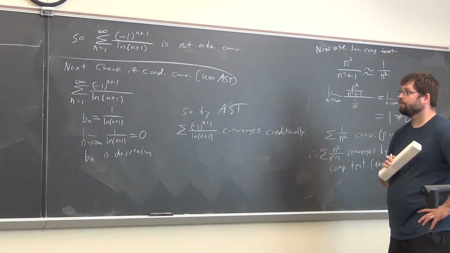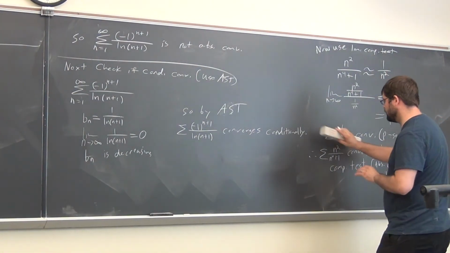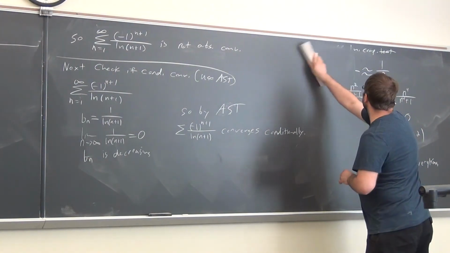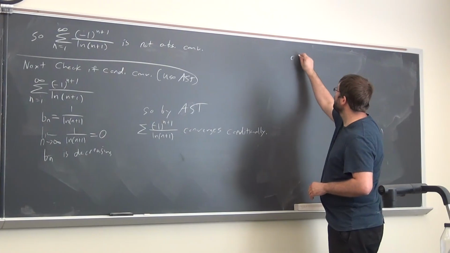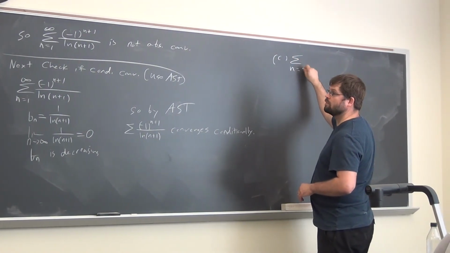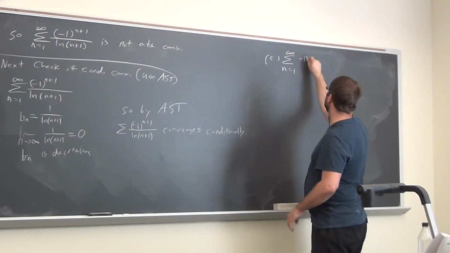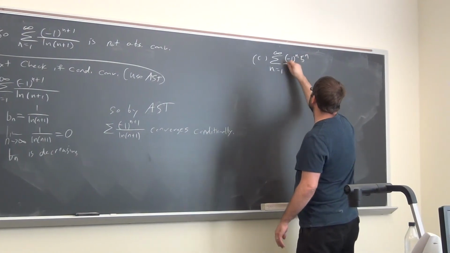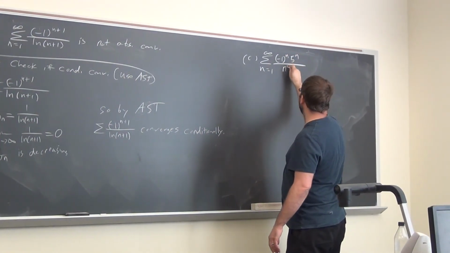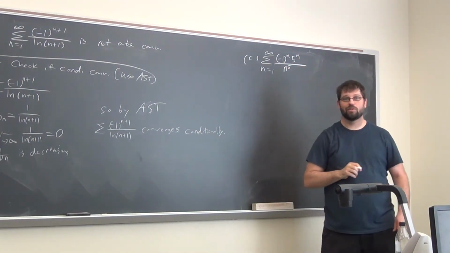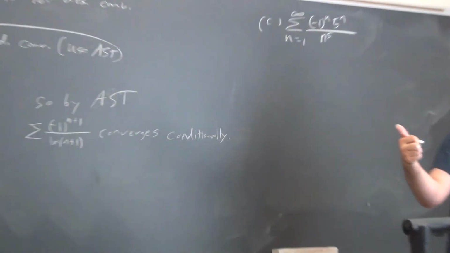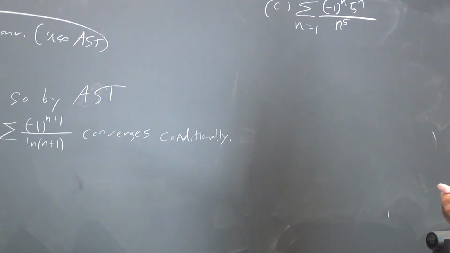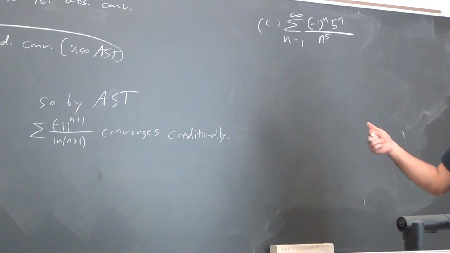But okay. So let's try that other one there, C, squeezed in over there. Let me just rewrite it. This will hopefully feel refreshing after that last one, which is a bit of a mess. So, again, when do you use the ratio test? If you see factorials or exponentials.